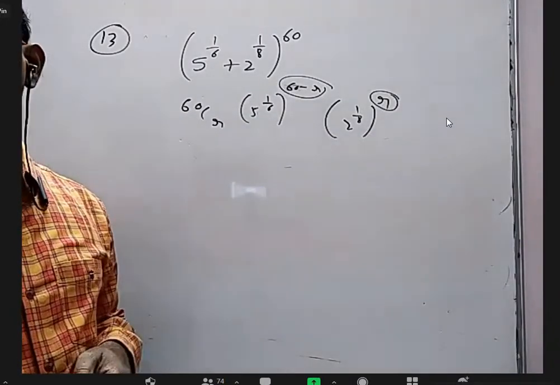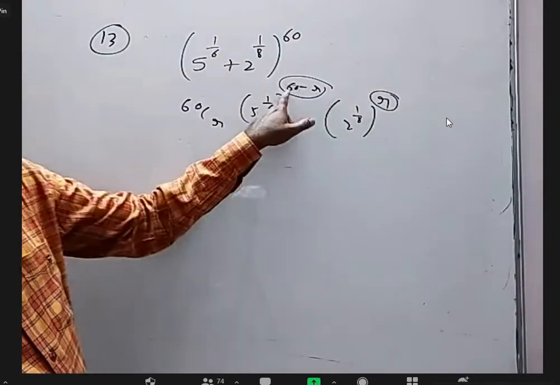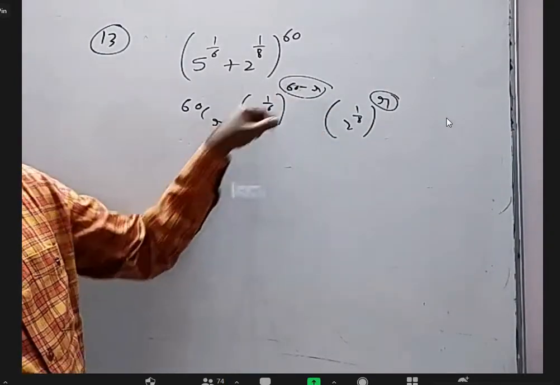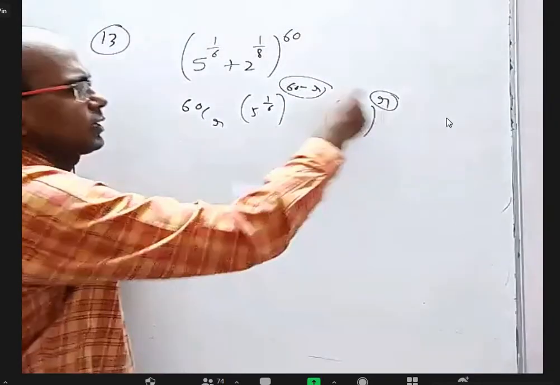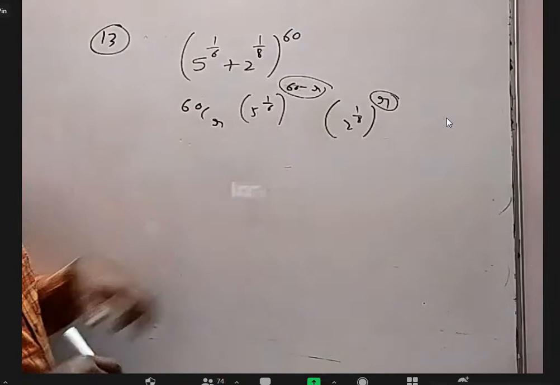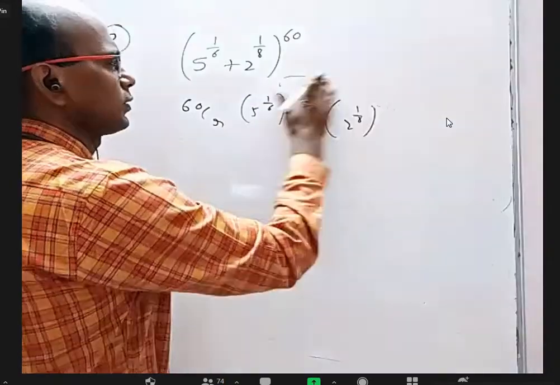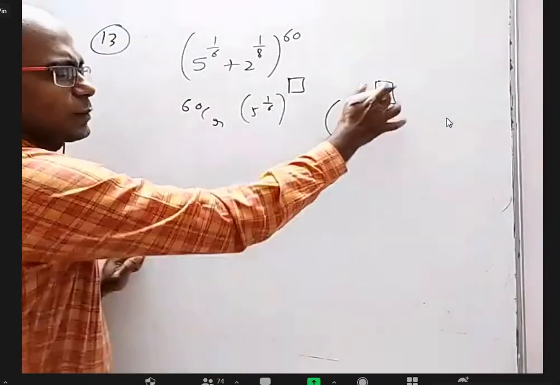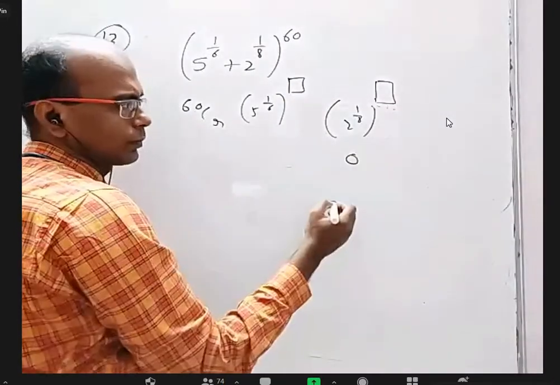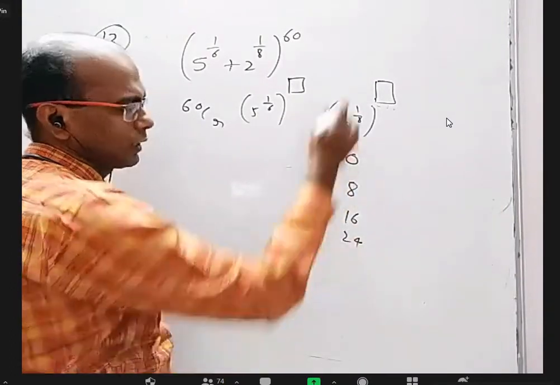Multiple of 8. It should be a multiple of 8. And what should this power be for this part to be rational? Multiple of 6. So this should be a multiple of 8 and this should be a multiple of 6. This will have some power, this will have some power. The acceptable powers for this are 0, 8, 16, 24, any multiple of 8.